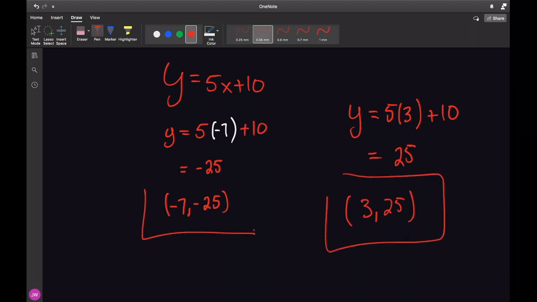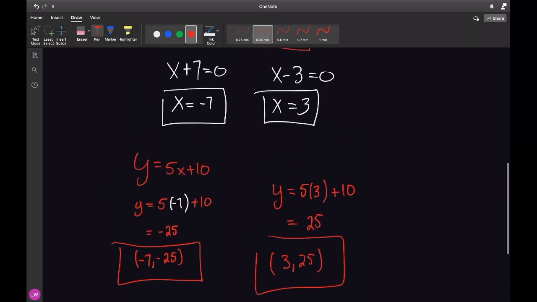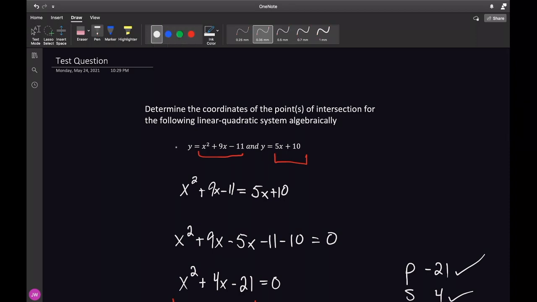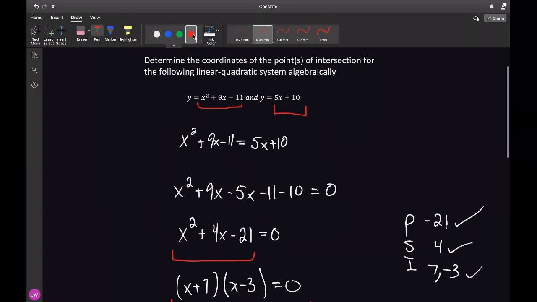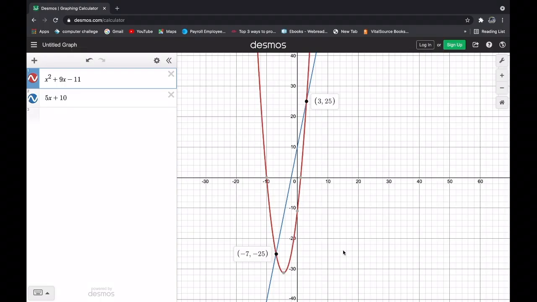So these are our points of intersection, and I'm going to quickly go over to Desmos, and I'm going to plug these two equations in, and I'm going to show you what the graph will look like here. Alright, as you can see over here on Desmos, I've plugged in the quadratic function in red, and the linear function in blue.